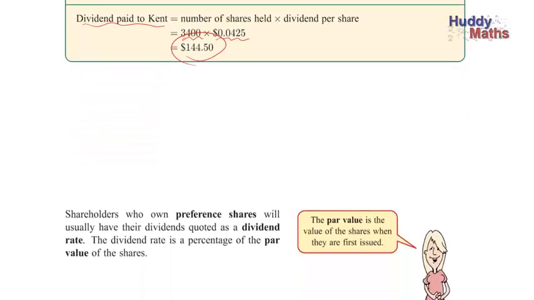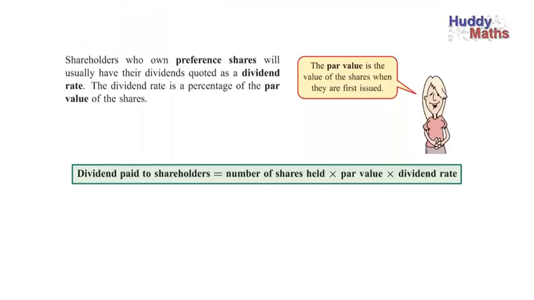So let's have a look at another way in which shares are issued and dividends are paid. Shareholders could own preference shares. These are usually a bit more expensive because they are guaranteed a dividend rate as a percentage of the value of their shares. The par value is the value of shares when they are first issued.